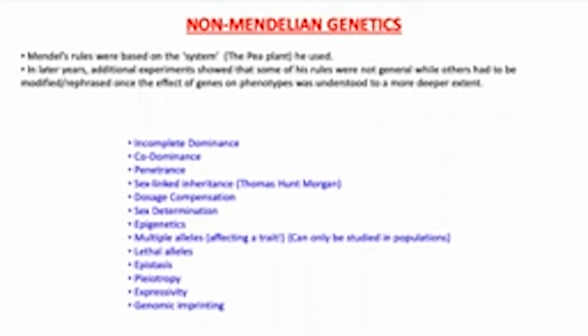But it also turned out that there were many more examples where this was not really followed. Okay, and we broadly define this entire area of genetics as non-Mendelian genetics, with a simple definition that they do not follow Mendelian patterns of inheritance.